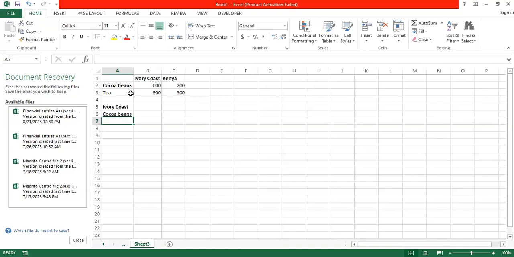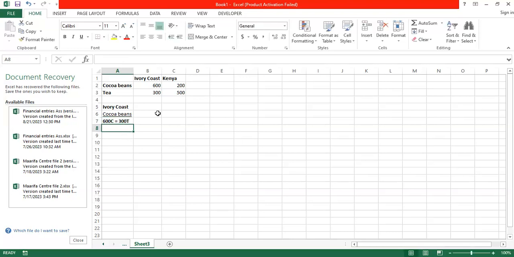So the price of the commodity is what you have to give up for it in terms of the other commodity. We only have 2 options here. So 600 cocoa beans, in Ivory Coast, is equal to 300 of T, right?